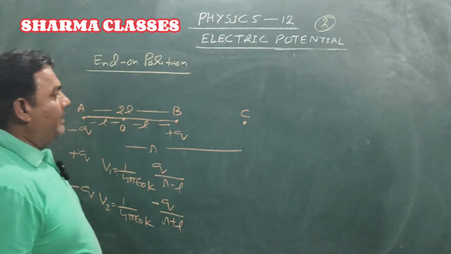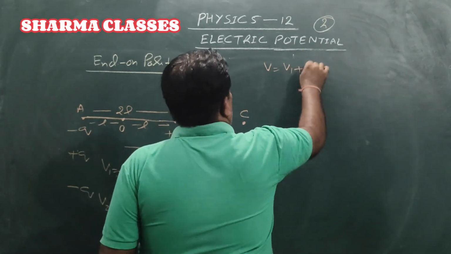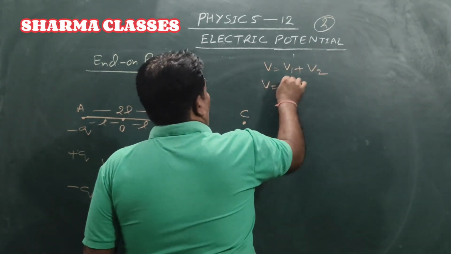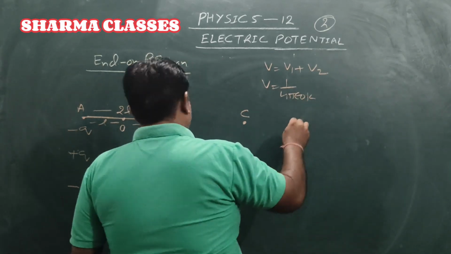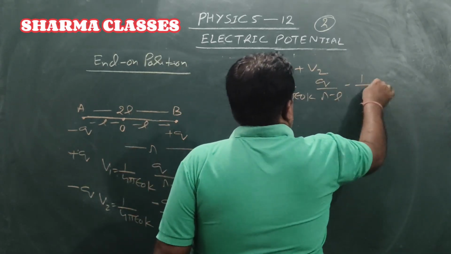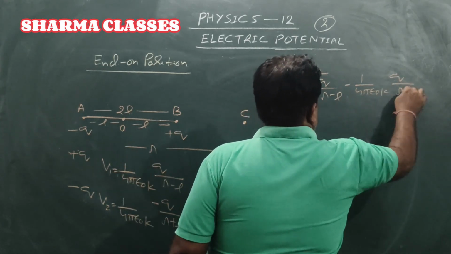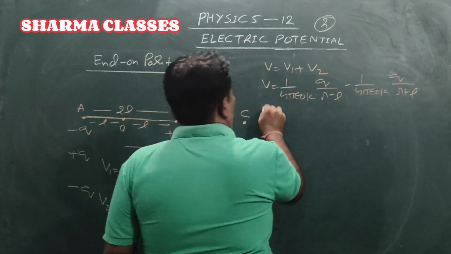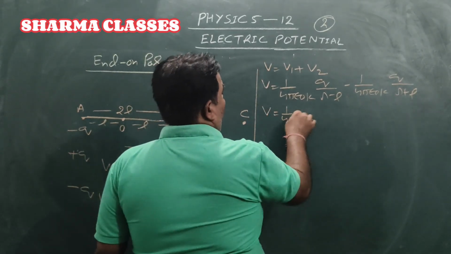So the net electric potential at point C, V is equal to V1 plus V2. V1 is 1 upon 4 pi epsilon naught K, Q upon R minus L, and V2 is minus 1 upon 4 pi epsilon naught K, Q upon R plus L. So V is equal to 1 upon 4 pi epsilon naught. Now solve it.